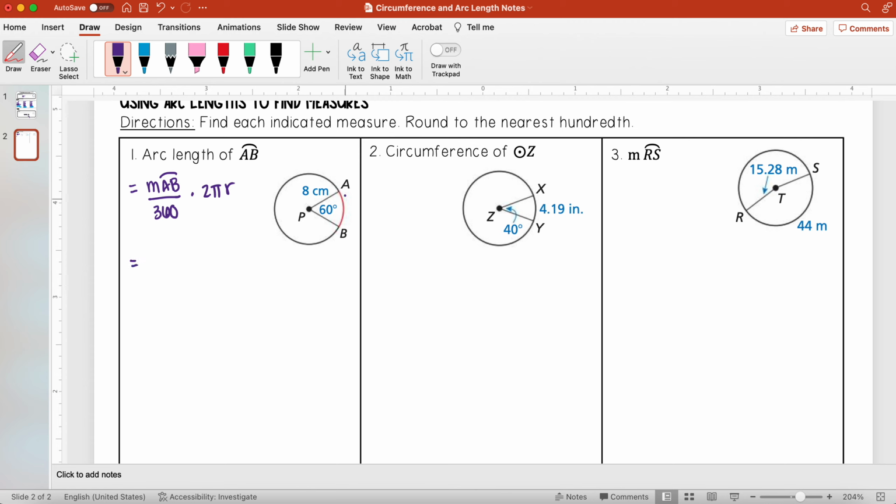Remember that the measure of that arc is just equal to its central angle, and I see its central angle is 60. So that means I have 60 over 360 times 2 pi, and my radius I see here is 8.